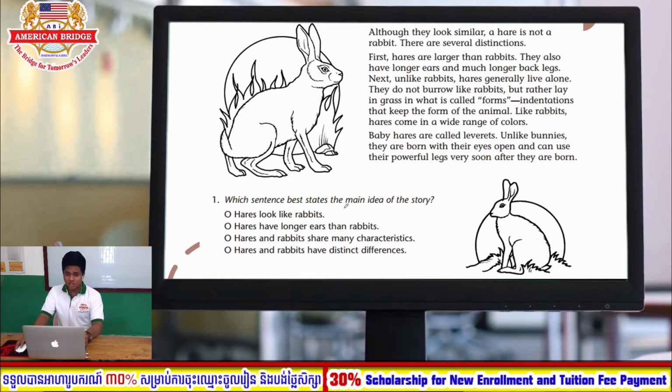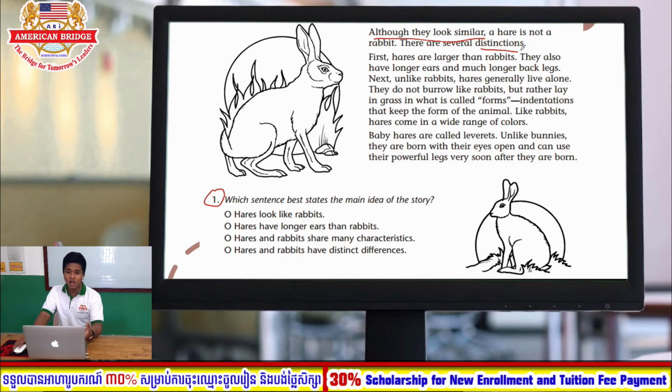Another strategy here, if you encounter this type of question, which sentence best states the main idea of the story? Okay, this is the question. You know the question. Now let's look at the first paragraph. Although they look similar, a hare is not a rabbit. There are several distinctions.